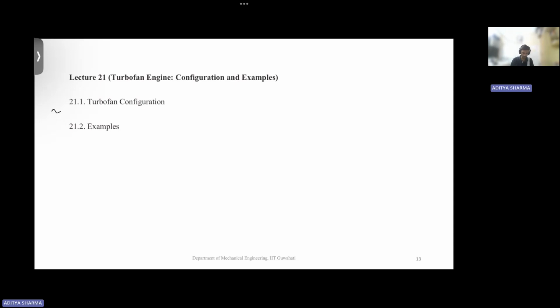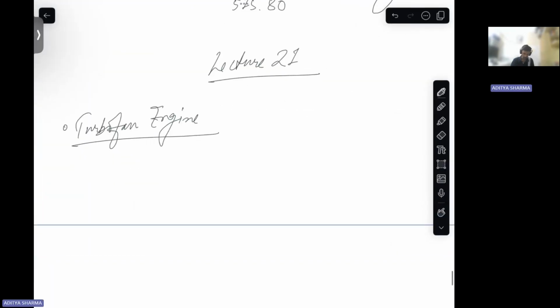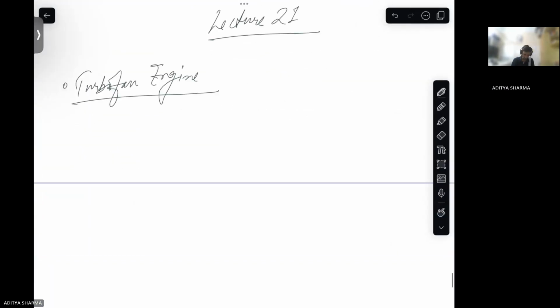Okay, the next lecture is turbofan engine. So turbofan engine's configuration has been discussed and then examples. One example has been discussed. So this is turbofan engine. Its configuration is like this.